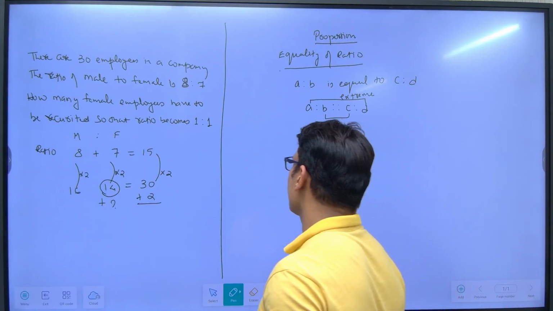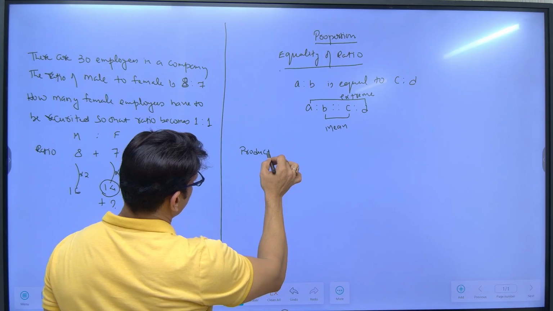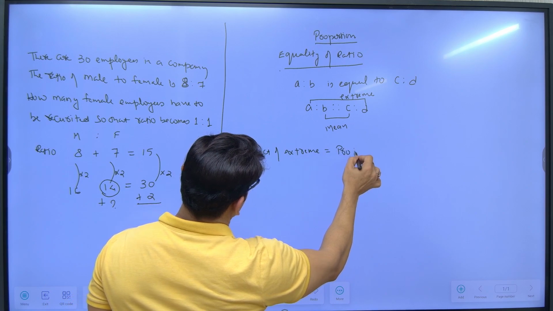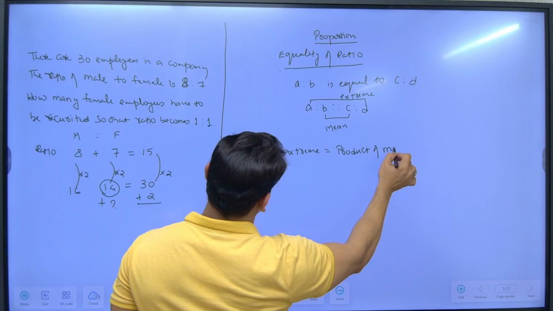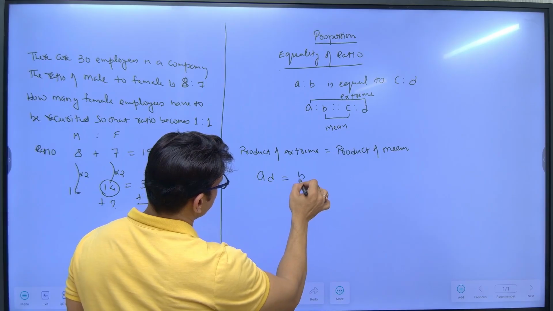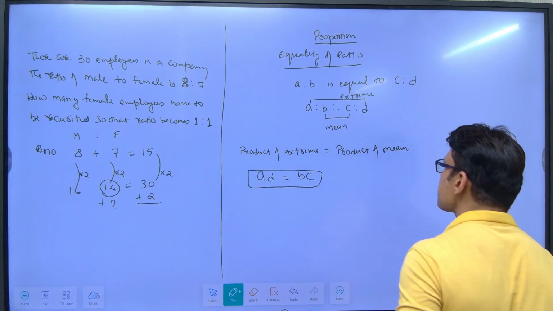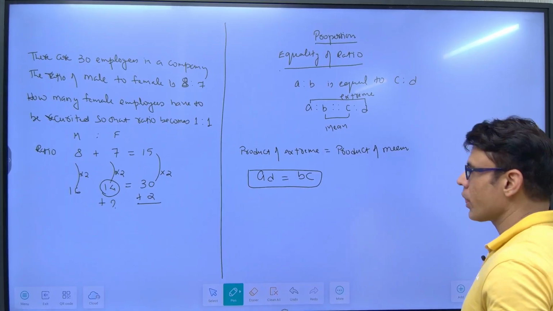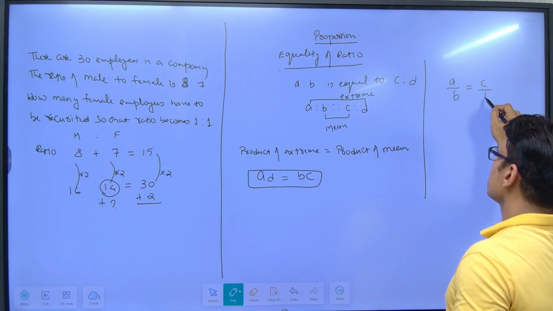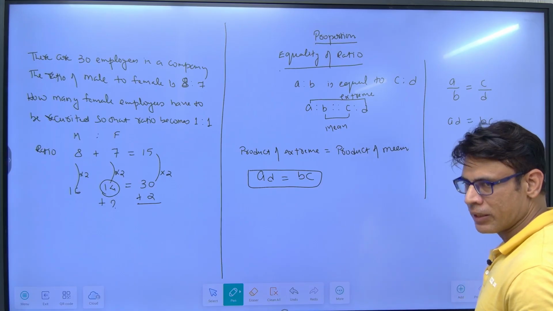Such that product of extremes is equal to product of means, AD is equal to BC. Right? You can also rewrite the same thing as A by B is equal to what? C by D. देखो क्रॉस मल्टीप्लाई करो तो क्या आएगा? AD, what do you get? BC. सेम ही चीज आता है.